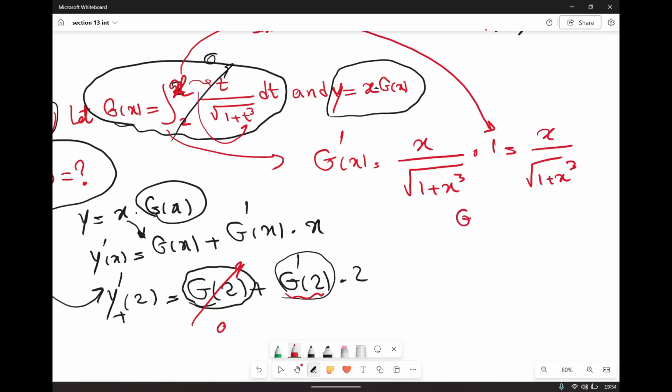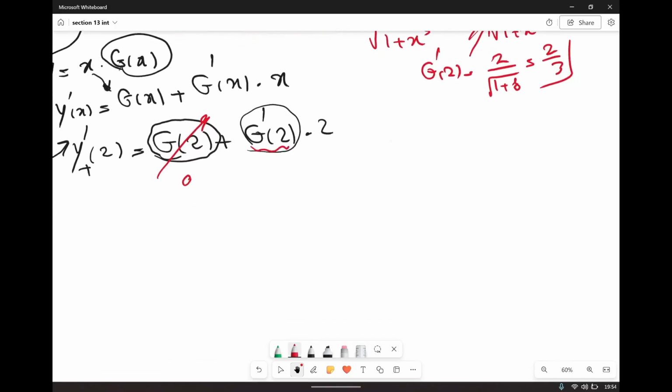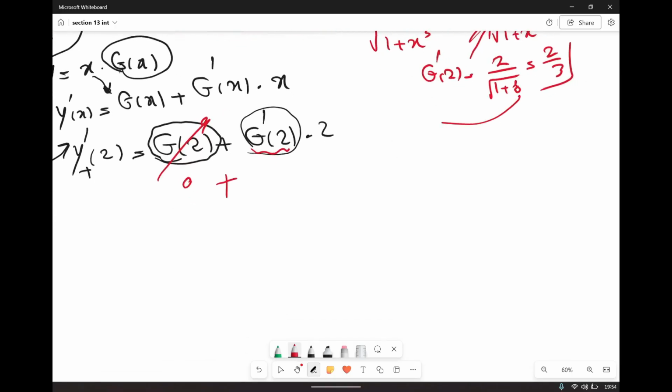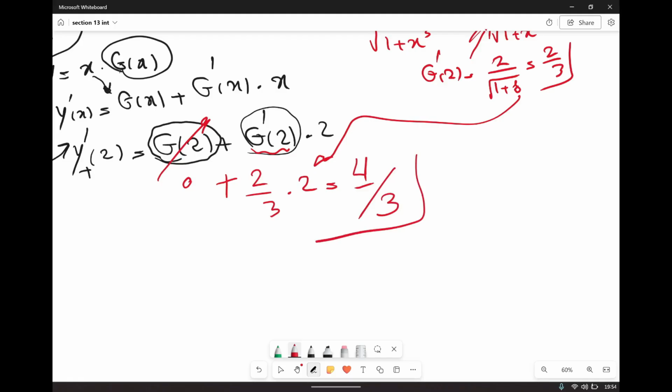But right now, g prime of 2, if I put the 2 in these variables, is 2 over the radical of 1 plus 8, which is 2 over 3. Oh, but that is plus 2 over 3 times 2, and our total answer is 4 over 3.